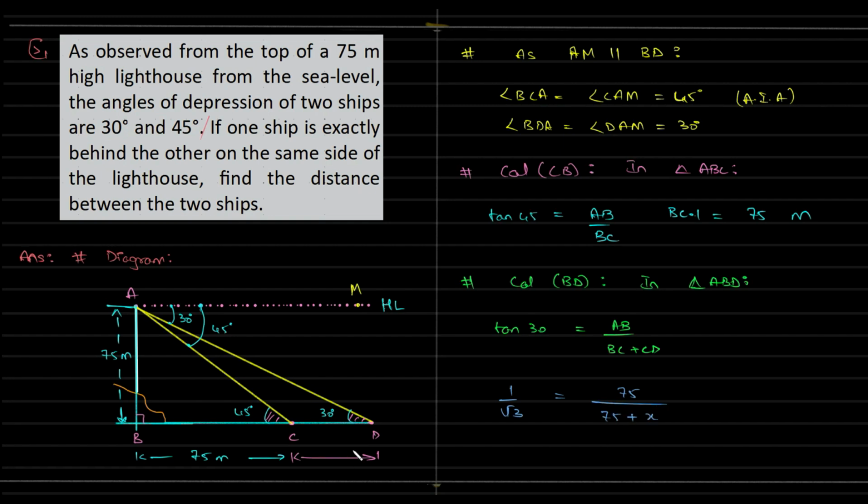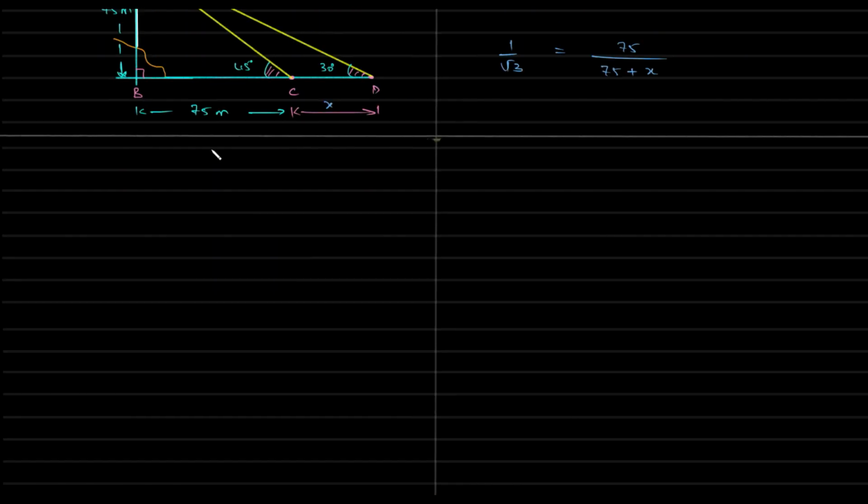We'll call it X for ease of writing, right? Then it's just a matter of calculation. So if I cross multiply, 75 plus X is equal to 75 root 3, and therefore X is equal to 75 root 3 minus 75.